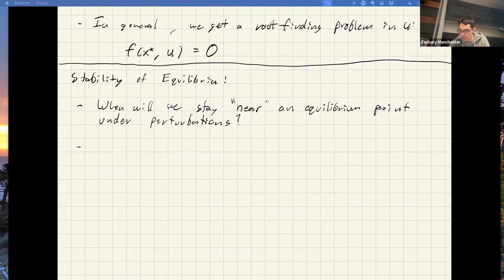So the first thing we're going to do to build some intuition here is look at the simplest possible 1D system. And when I say 1D, I don't mean 1 degree of freedom mechanical system. I mean 1-dimensional state space. So that means X is a scalar.